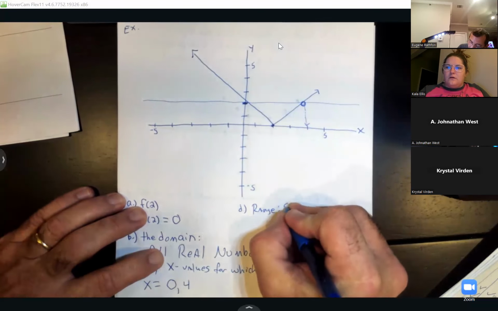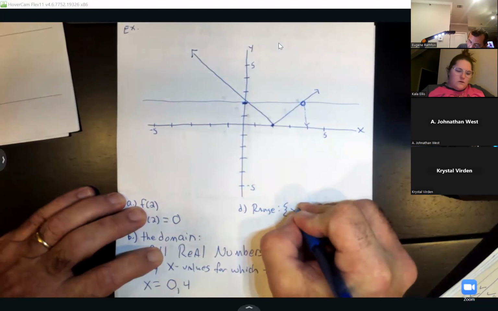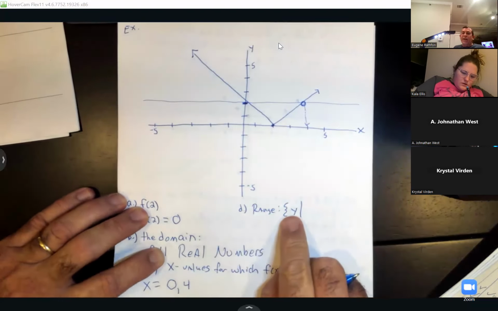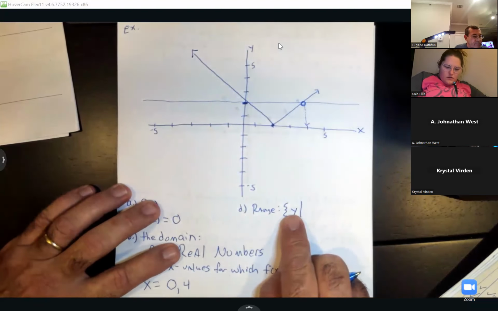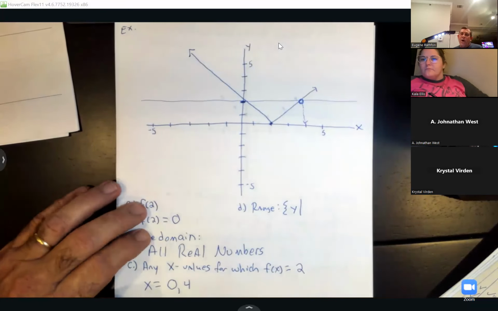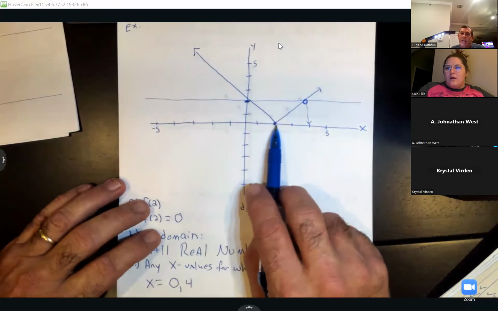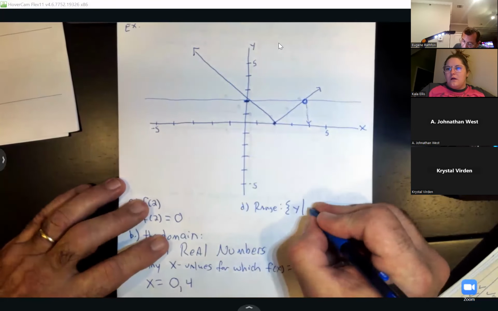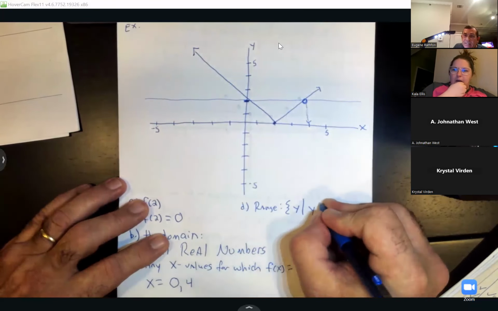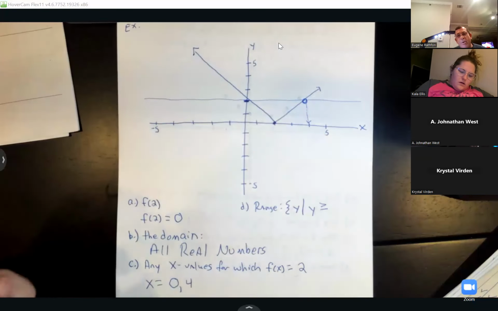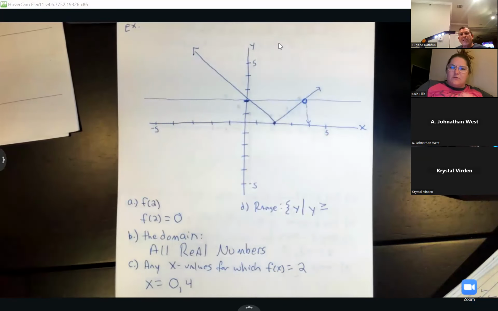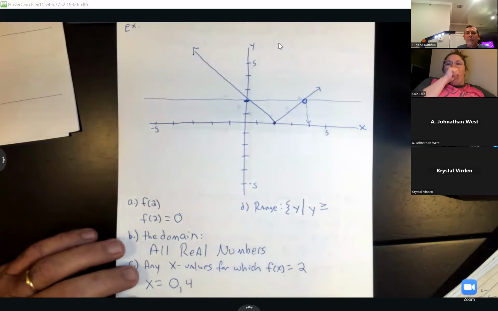So for this one, they're letting you know that the Y is your range. And now what do we know about the Y? We know that Y has to be greater than or equal to what number, y'all? What is my smallest Y value? 2?